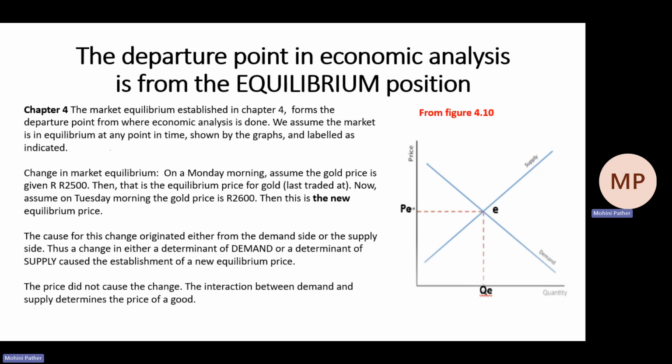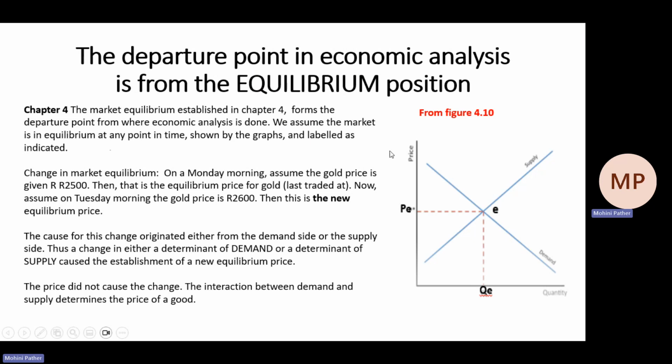Okay, so that is where we created a market and we found buyers and suppliers. That's where we say that gold was last traded the previous night, and the last price it was sold for is 2,500. Now assume by Tuesday morning, the gold price is 2,600. That is the new equilibrium price. Why?